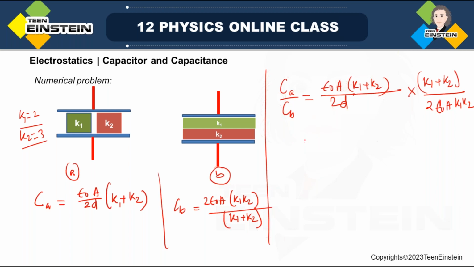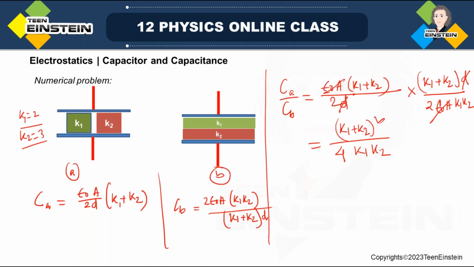See, ultimately what we are getting, this term will get cancelled, and obviously D will be here, so this D will get cancelled. So this will be (K1 plus K2) whole square divided by 4 K1 K2.